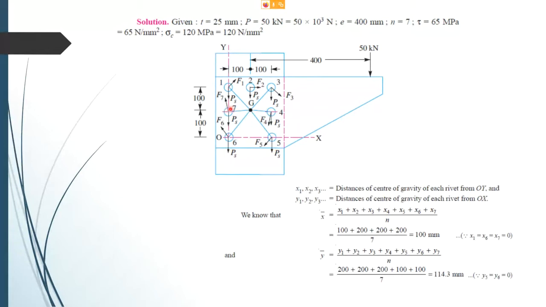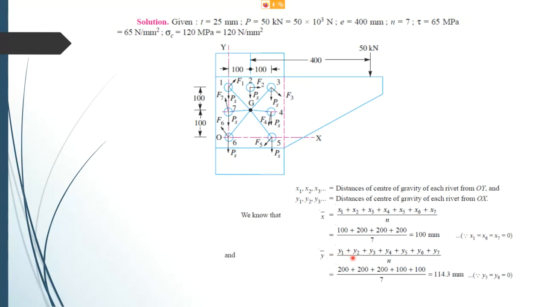Rivet 4, 200. Rivet 5, 200. And then 0, 0, 0 for rivets 1, 7, and 6. Putting in all the values, you will find X bar is 100 mm.